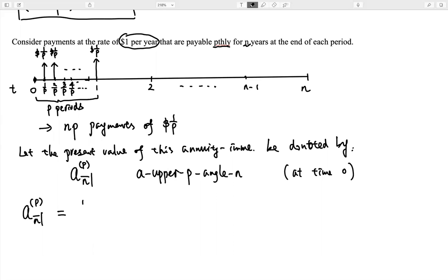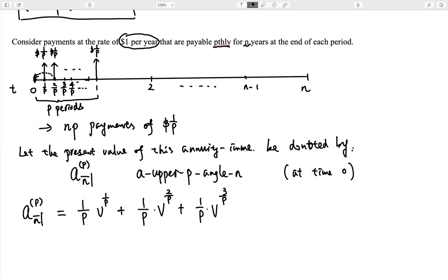The amount is 1 over P. So I will need to discount by 1 over P period of time. And moving on to the second one, the amount is still 1 over P, but now the discounting will be for 2 over P periods, because I will need to go back to 0. Continue, 1 over P times the next one is 3 over P, right?